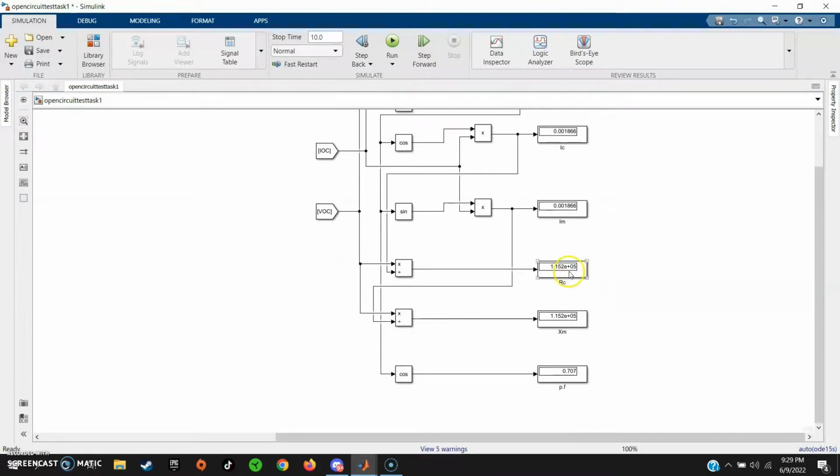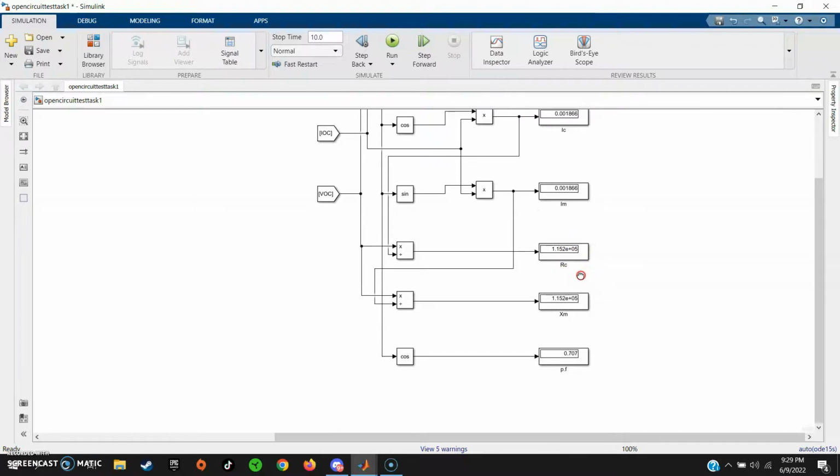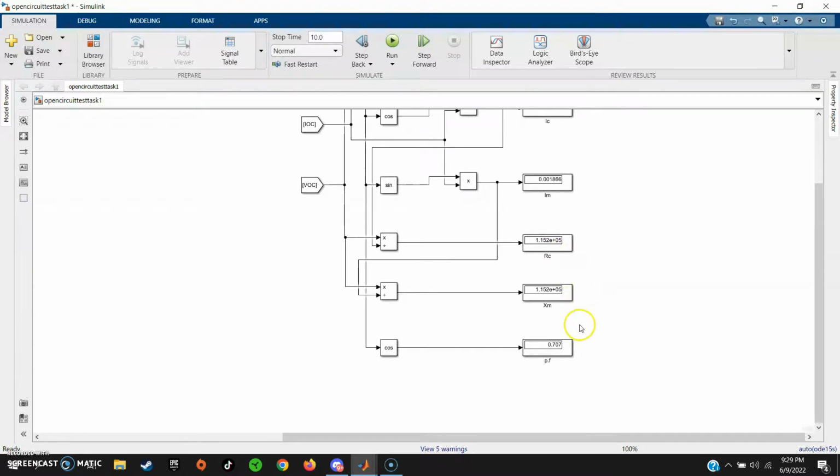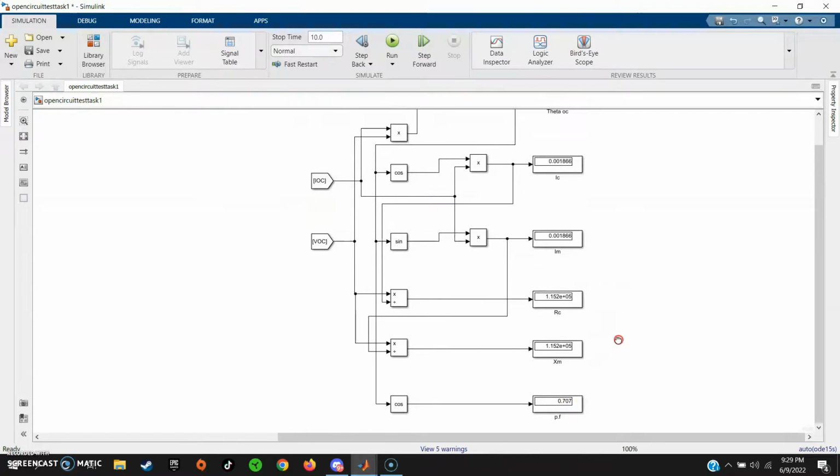The RC and XM are also the same value, equal to 1.152 times 10 to the power of 5. And last, for the power factor we got 0.707.